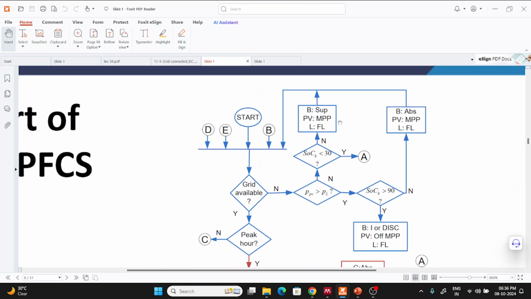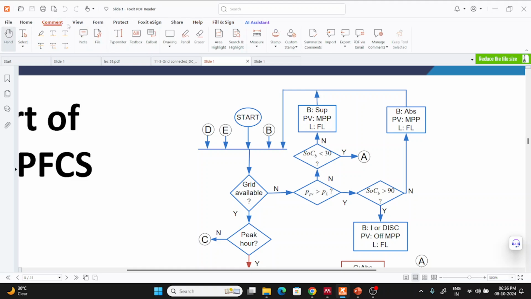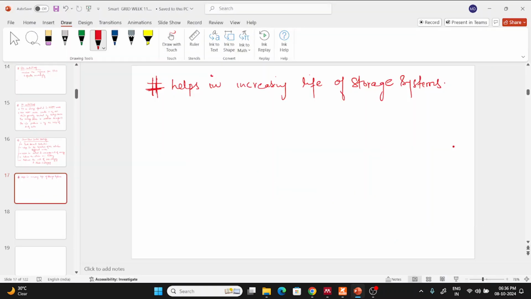सबसे पहले we will check about the supply orders. Okay, फिर उसके बाद हम चेक करेंगे, like I will write it here. We will first check if the SOC is less than 30 or not.